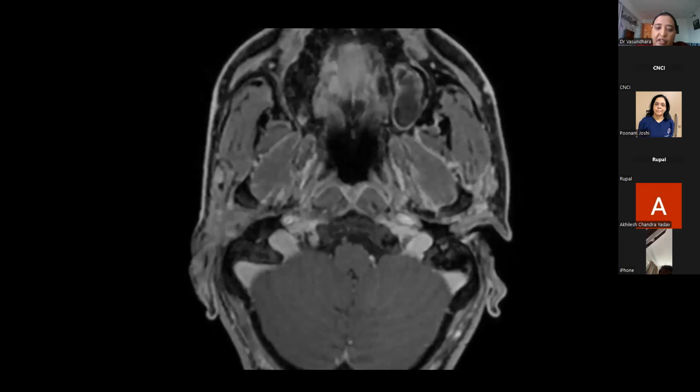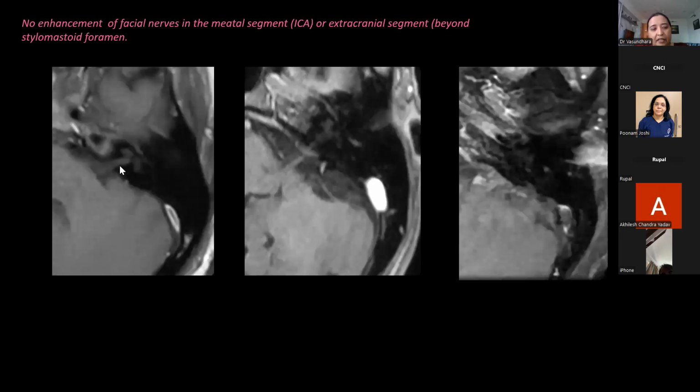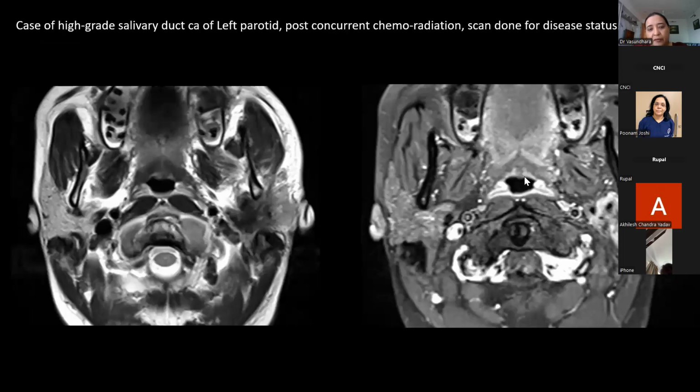After coming out of the foramen, it is not well seen on the post contrast, and then we start seeing it on T1 and T2 weighted images. So combining T1 and T2 along with our post contrast, we can see the entire course of the facial nerve from the origin till the stylomandibular foramen. Let's see an example. Again, this is the facial nerve in this part, the tympanic part, and the mastoid part. Any abnormal enhancement compared to the contralateral side, we give the diagnosis of perineural spread.